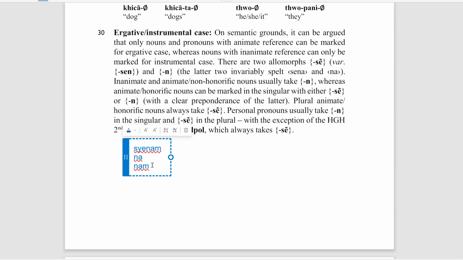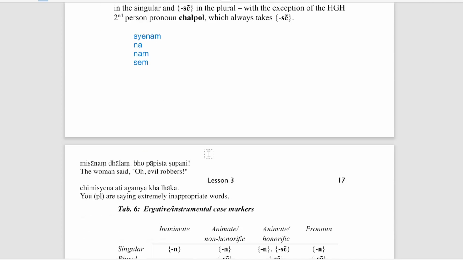And for the plural, it's always sen. You sometimes say this, or it's written as this. And it also goes with the second person pronoun, high honorific, cholabola sen. So you don't say cholabola na, but you say cholabola sen or sena as the subject in the ergative or instrumental case.